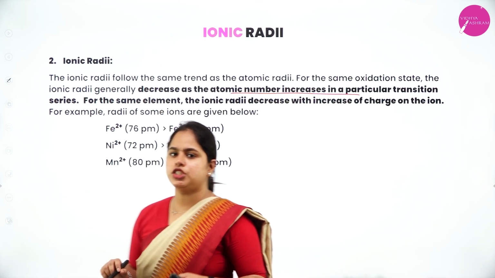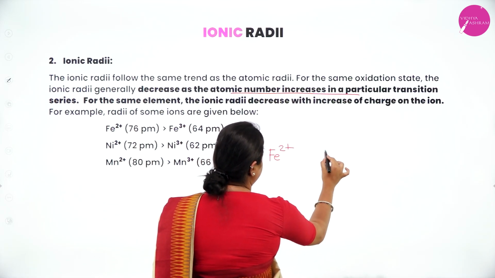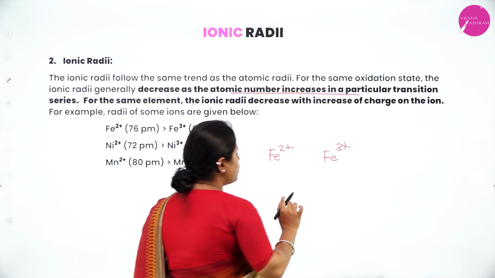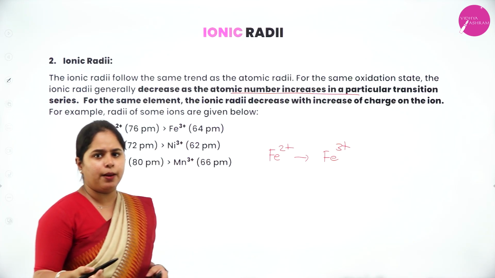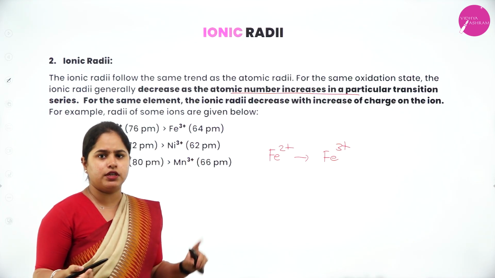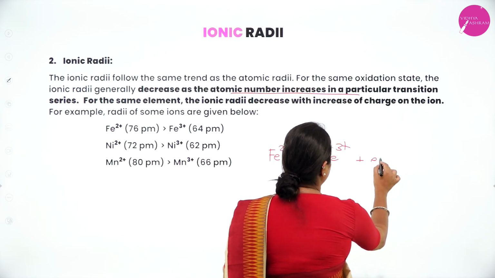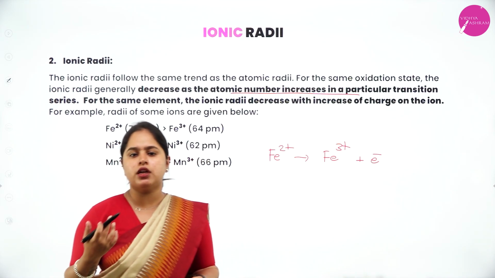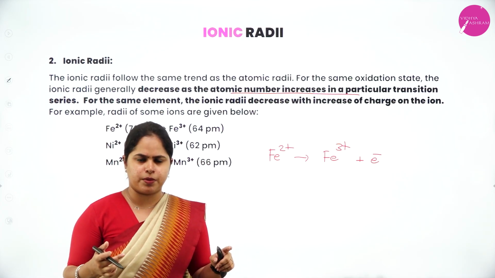Now coming to the charge, which is important, let's take Fe2+ and Fe3+. When Fe2+ is getting converted into Fe3+, what is actually happening here? Fe2+ to Fe3+ means one electron is being removed. That is how it is becoming Fe3+.